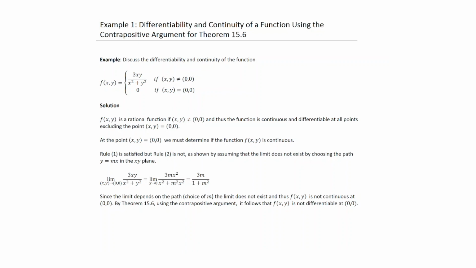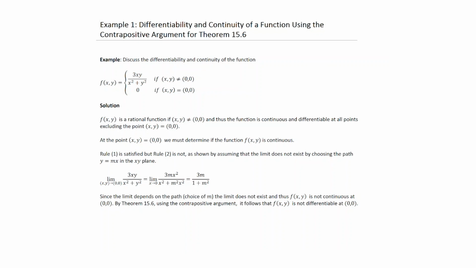All right, so let's go through the process to figure out differentiability and continuity. We notice first of all that f(x, y) is a rational function if (x, y) is not equal to (0, 0). And therefore we know that the function is continuous and differentiable at all points excluding the point (x, y) equals (0, 0).